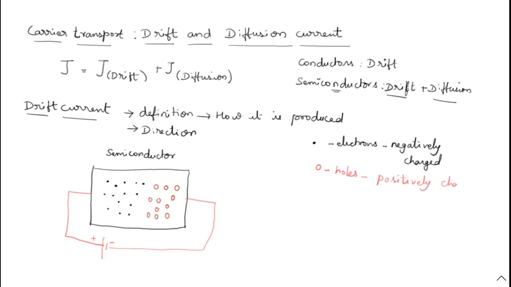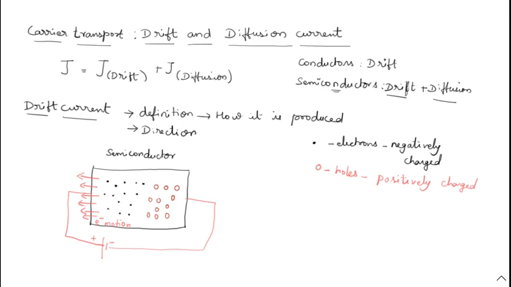Electrons are negatively charged, so automatically the electrons will move towards the positive terminal of the battery. Electron motion will be in this direction, towards the positive terminal of the battery, right?